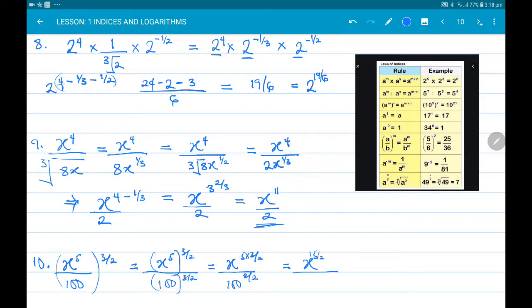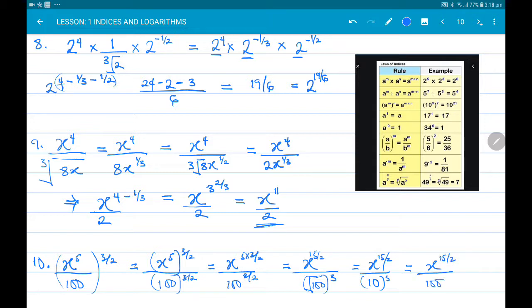The final example I want to address before I say goodbye to this topic is example 10. Where we have x raised to the power of 5 over 100, with 3 over 2 as the power. Now I told you from this we are going to split it up. They will have the same power addressing them.